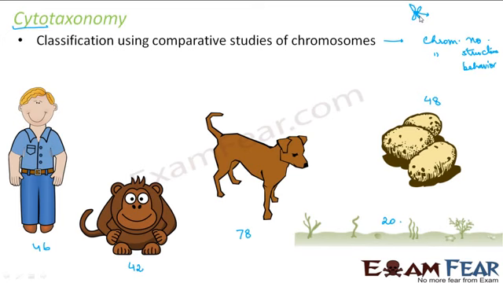So are you able to see that in this phylogenetic classification, we are not only considering the external characters, we are also considering the internal characters. On top of that, we are also considering the composition of the cell. In addition to the external and internal characters, we are considering all these things. So it is definitely going to be a better method of classification.